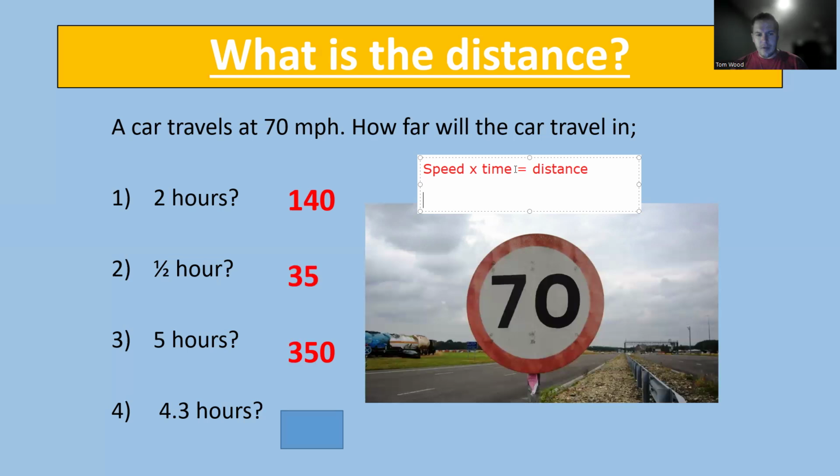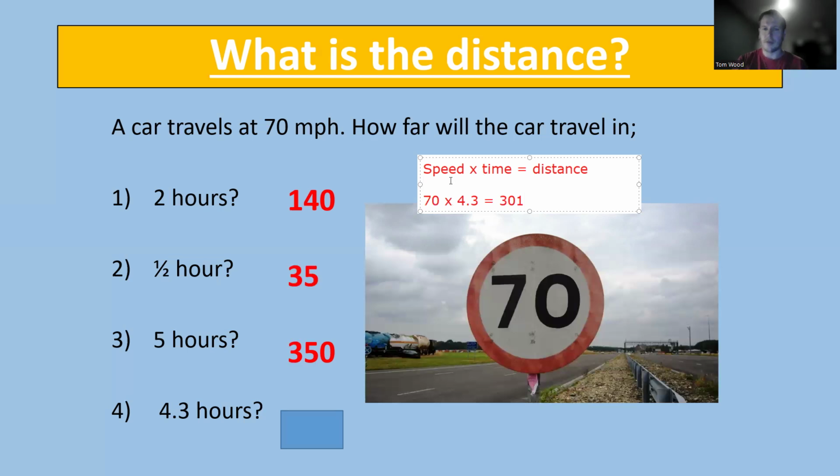With it saying 4.3 hours, that sounds a bit strange, doesn't it? Because we tend to talk about hours in terms of hours and minutes. So that's why half an hour doesn't stand out as strange to you, but 0.3 of an hour does look a little bit weird. We know that the time is the same, and actually this is 4.3 of an hour. So how we would put this through is just multiply it by 4.3. The distance is going to be the exact same there.